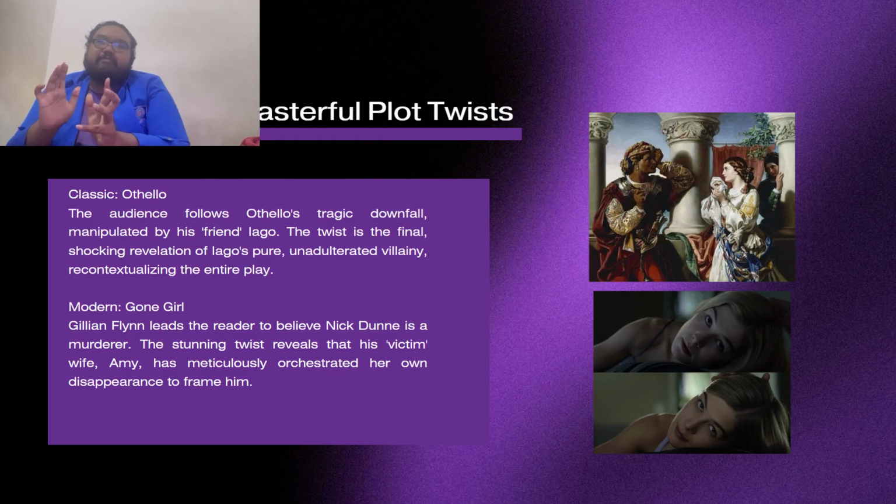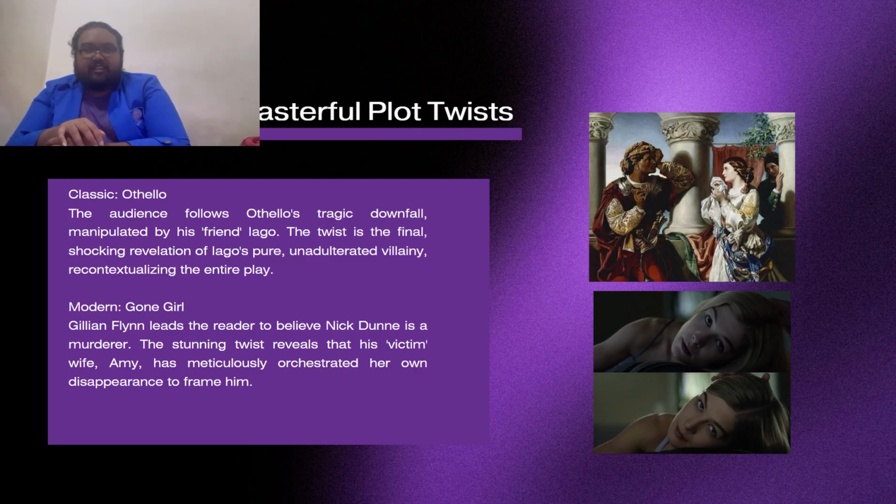Okay, a sample of a masterful plot twist is from the classic Othello. The audience watches Othello's tragic downfall, manipulated by his friend Iago. The twist is the final shocking revelation of Iago's pure, unadulterated villainy, recontextualizing the entire play.